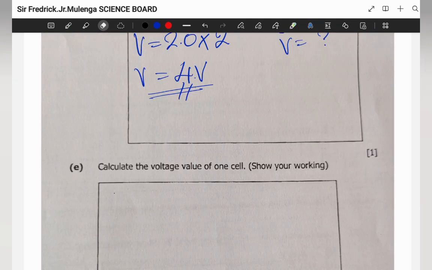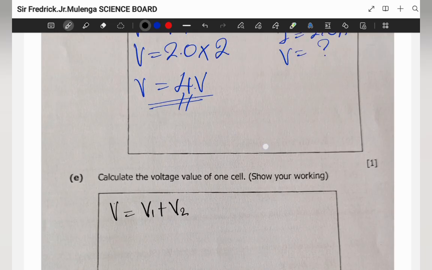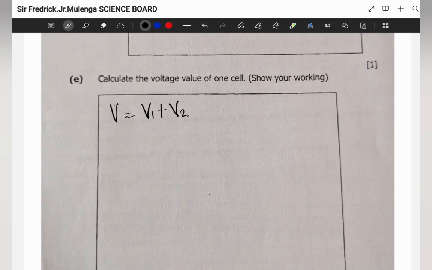So you can say total voltage, you add the voltage that you calculated on the first resistor plus the voltage you calculated on the second resistor. So you add 2 and 4. So 2 plus 4, what do you get? To give you 6 volts. So this is the total voltage in the circuit.